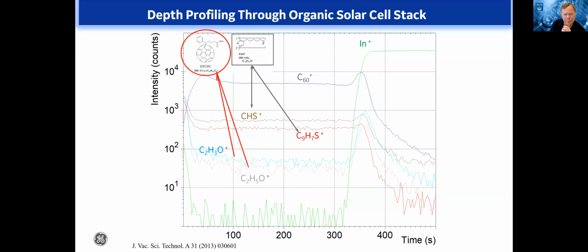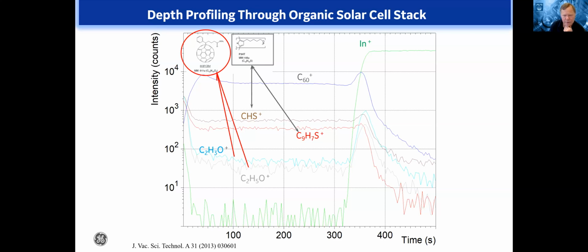In this example, we had two different species that were mixed together for an organic solar cell. My colleague needed to know the composition throughout the thickness. When we expose this to a monoatomic ion beam, we pretty much got carbon.